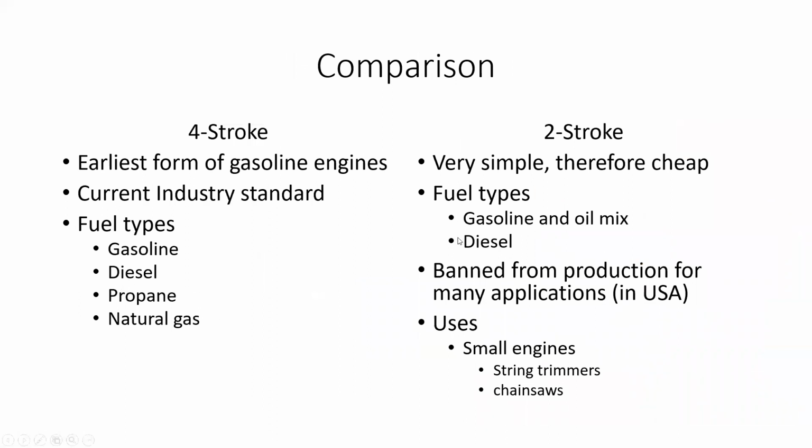Back in the day, GMC and General Motors made a lot of industrial diesel engines that were two-stroke engines. But that pretty much doesn't happen anymore. In most settings it's banned from production for most applications, and you can't even run a two-stroke diesel engine in California anymore because of emissions standards.